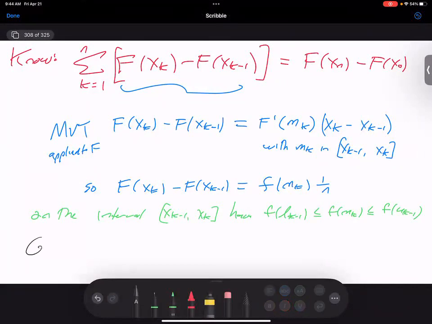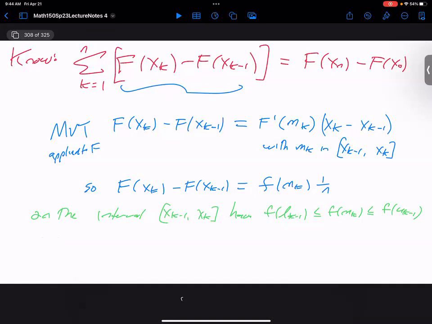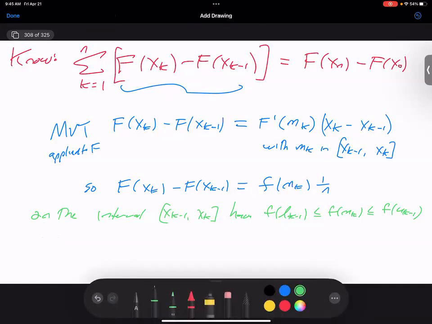So we get that the lower sum is less than or equal to the sum of f(m_k) times 1 over n, which is less than or equal to the upper sum, with k going from 1 to n.